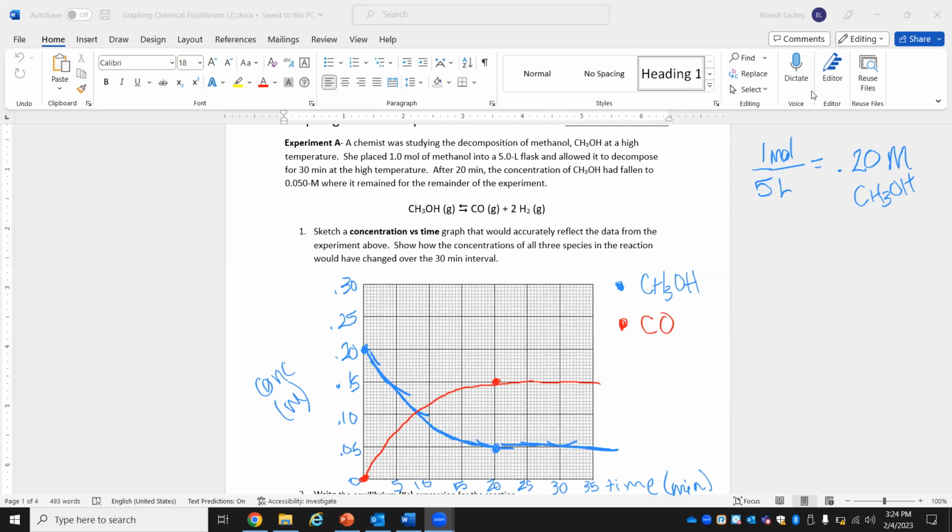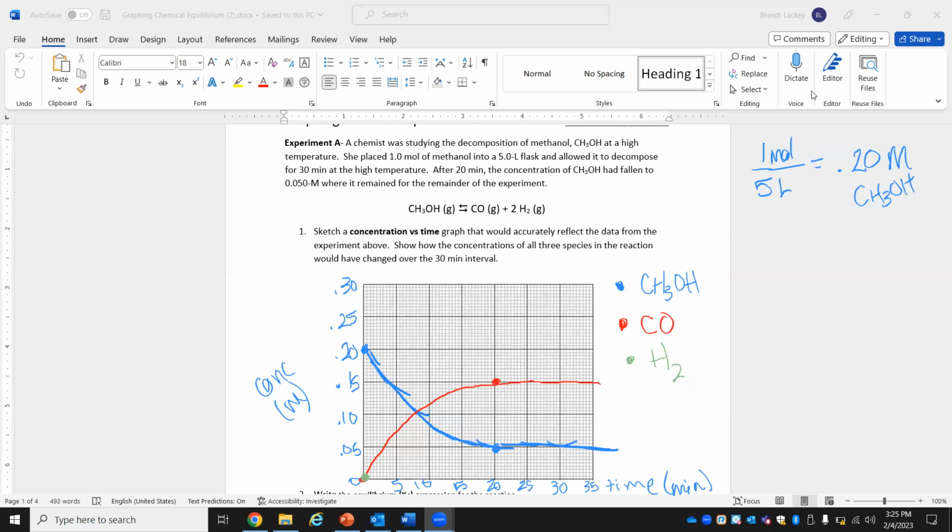But let's look at hydrogen. Hydrogen has a coefficient of 2. That means hydrogen is going to change twice as much as the carbon monoxide or methanol. Yet again, it's a product. She did not add it at the beginning, so it starts at 0. I'm going to represent hydrogen with green so you can see it.